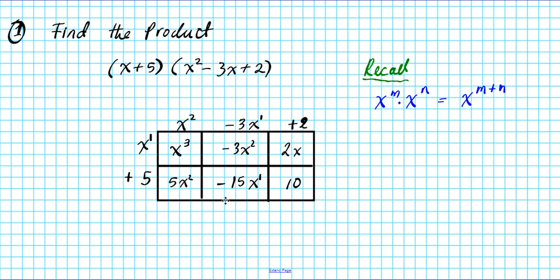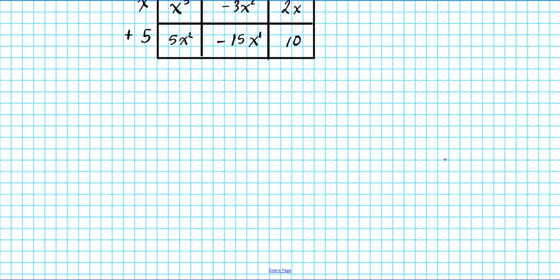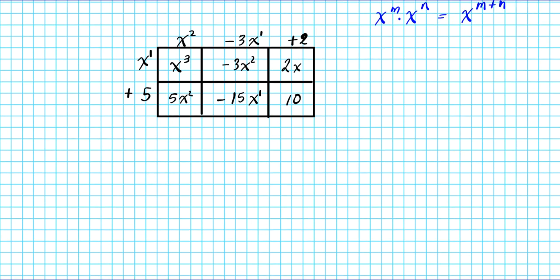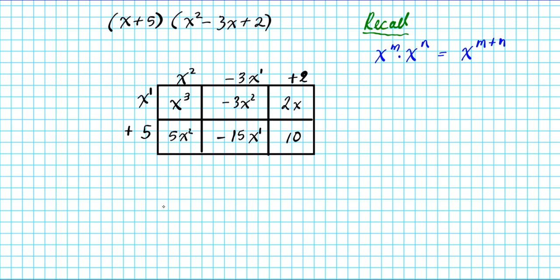Okay, so now to finish things off, we're just going to combine like terms. The nice thing about this method of multiplying polynomials is if you have a lot of terms, the box helps you organize your terms. So you don't have your terms all over the place and you have difficulty combining like terms. It's neatly organized for you here. Okay? Now, x to the third does not have any other like term to be combined with, so we'll just simply bring that down. x to the third.